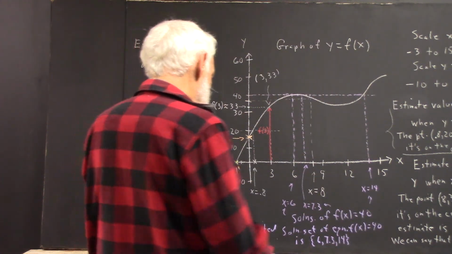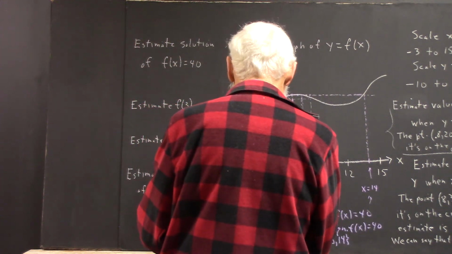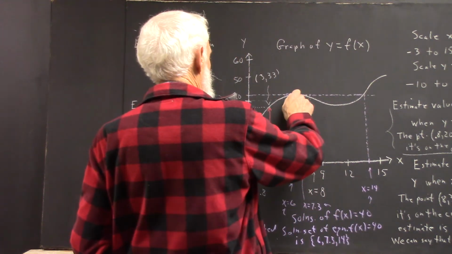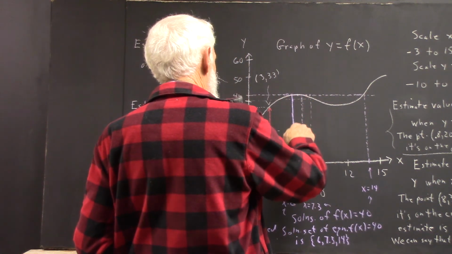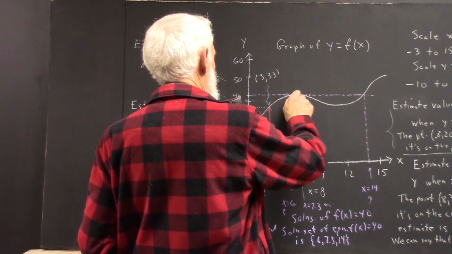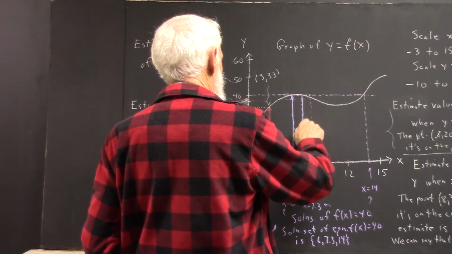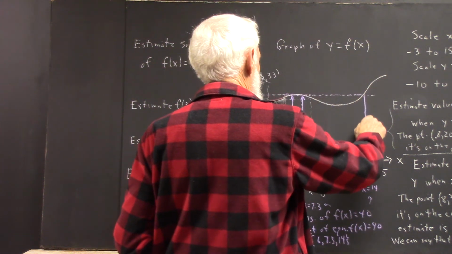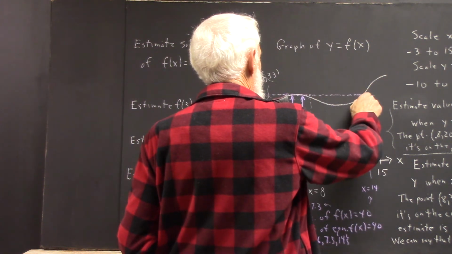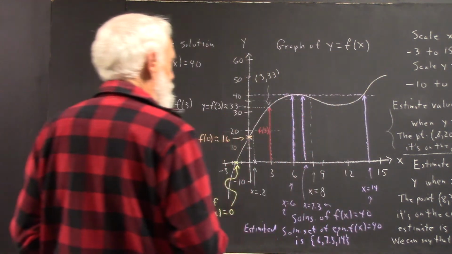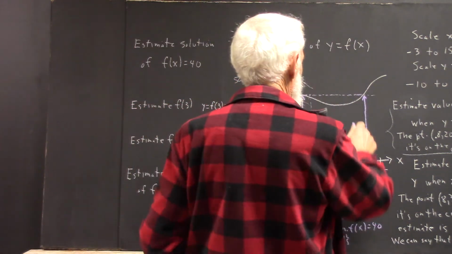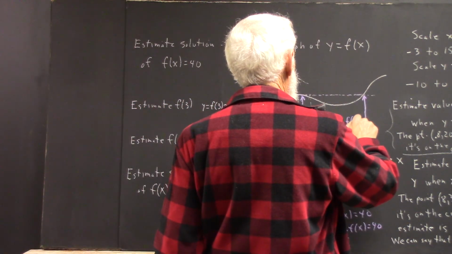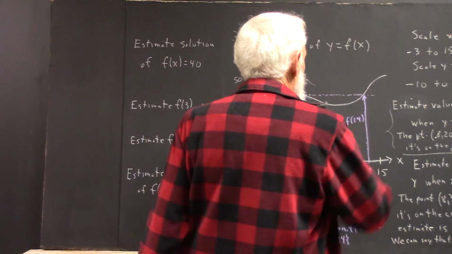I can similarly draw 3 vectors here. And I can say that, okay, this vector is at least what we estimate to be f of 14.